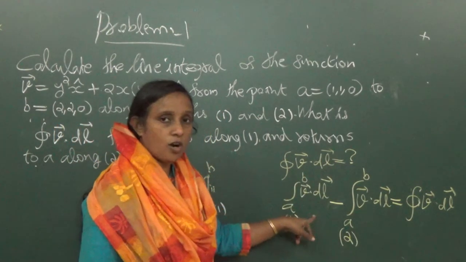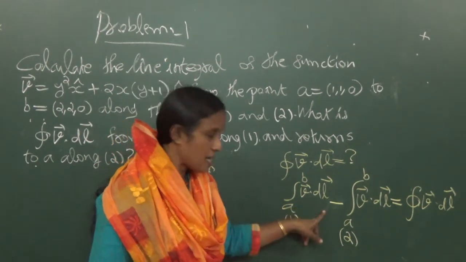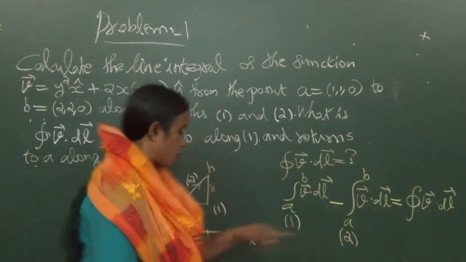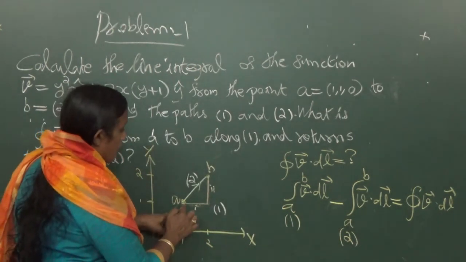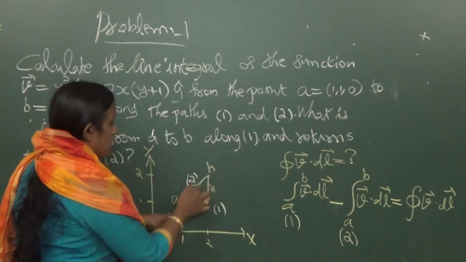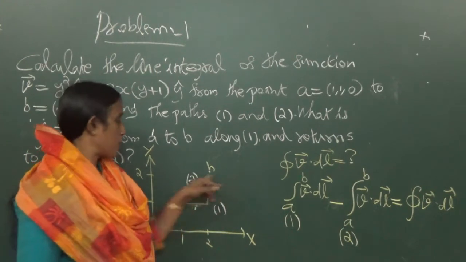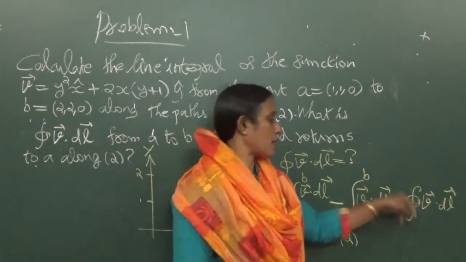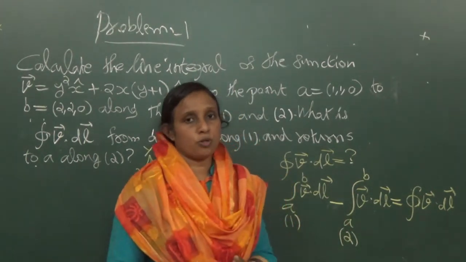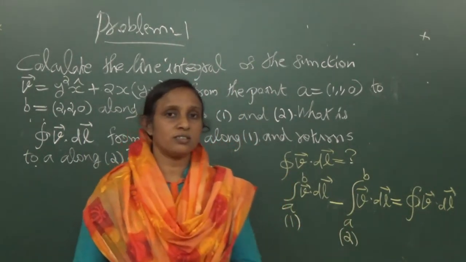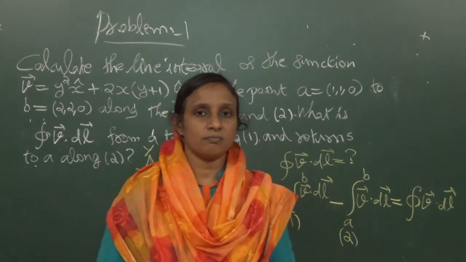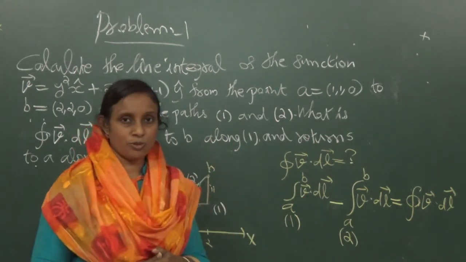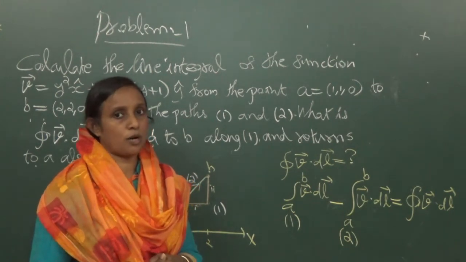Integral A to B v dot dl along path 1 minus integral A to B v dot dl along path 2. So you go from A to B like this and return from B to A like this along path 2. Altogether it gives you a closed loop v dot dl. Now the problem is clear to you. I think we can solve now.